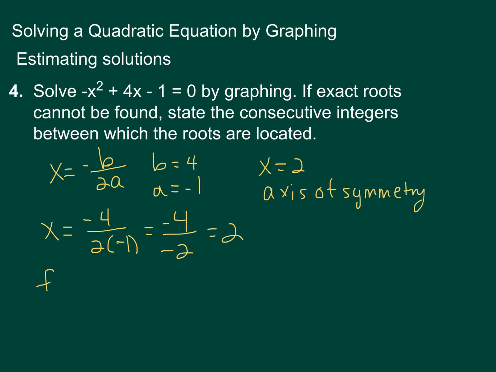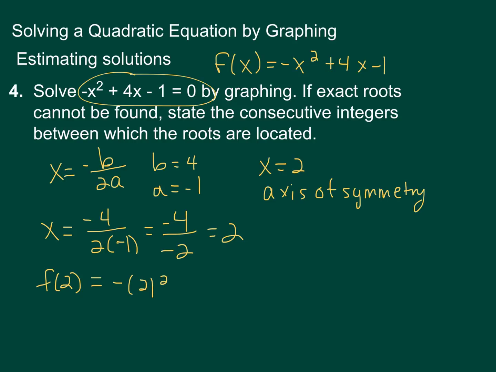Now let's find the y value of the vertex by plugging in 2 into our equation. So remember, we're actually treating this like we're graphing f of x equal to negative x squared plus 4x minus 1 and finding the roots or x-intercepts because it's set equal to 0. Okay, then if we plug in 2, we get negative of 2 squared plus 4 times 2 minus 1.